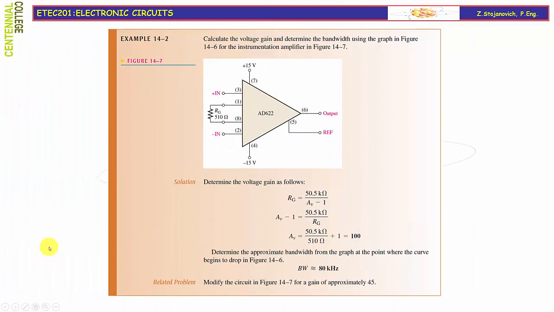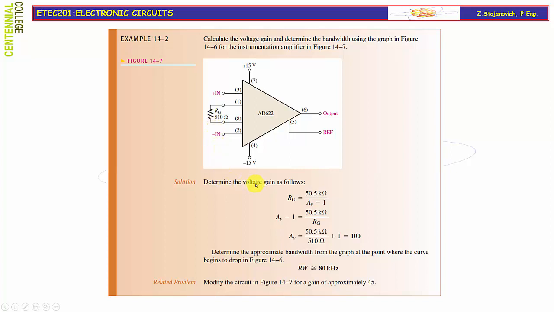And here is example 14-2, where we have to calculate the voltage gain and determine the bandwidth using the graph in figure 14-6 for the instrumentation amplifier in figure 14-7. We see from the figure that RG is set to 510 ohms.